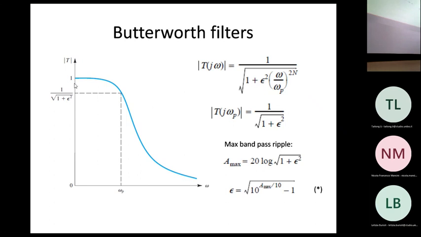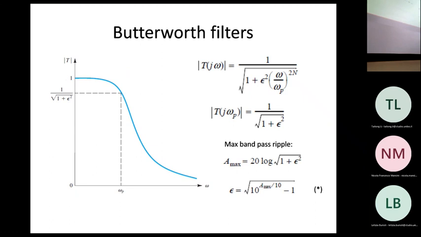More specifically, if you look at this function, you can see that it is a monotone descending function, and the limit of the passband region, omega sub p, is defined also by the specific value of the amplitude of the transfer function, which depends in turn on the parameter epsilon.